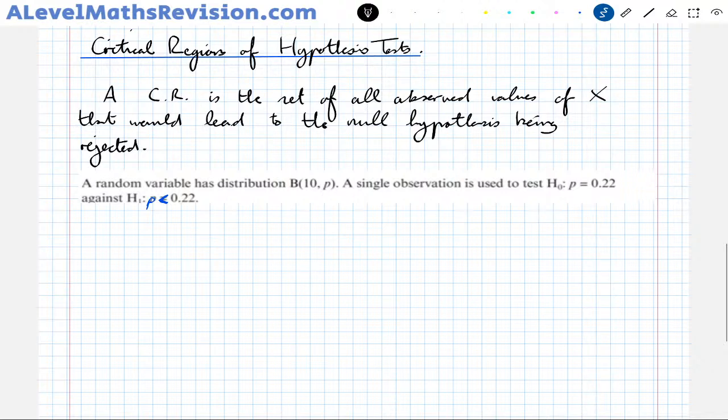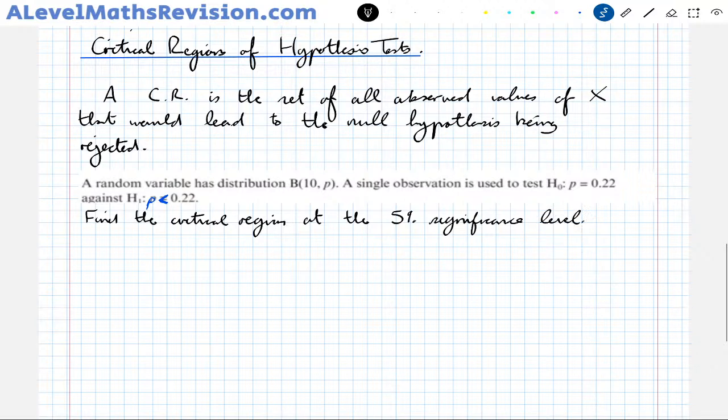So my question is, find the critical region at the 5% significance level.